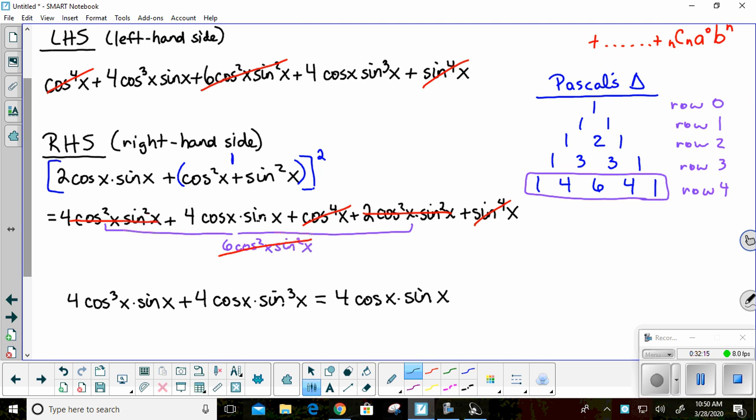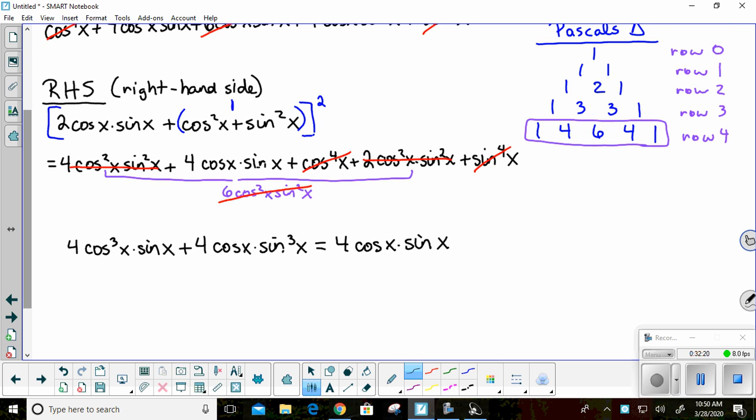Now, on the left-hand side, I notice I can factor out a couple of things. So that's going to be my next step, is factor. If I factor out the left-hand side, it looks like I can factor out a 4, a cosine x, and a sine x. So that's what I'm going to factor out: 4 cosine x sine x.